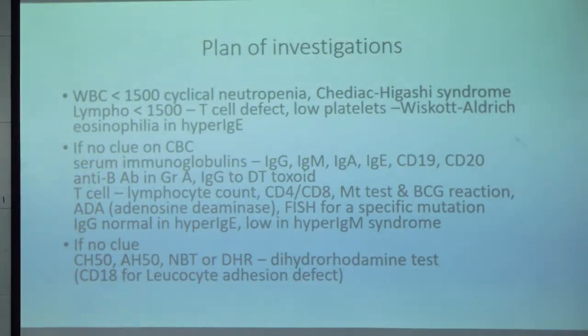Now this is where I was talking about specific markers which might tell you the specific probable diagnosis, and one of them is to look at CD18 for a leukocyte adhesion defect. This is just to make you aware that it's not only CD4, CD8 or CD19, CD20. For immunology, there are many other markers, and I don't think we need to go into that at all.